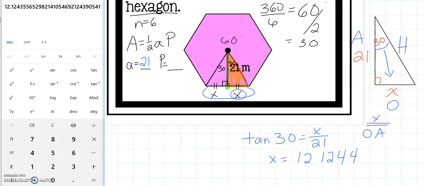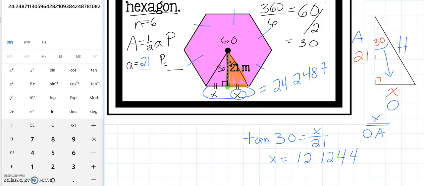I'm going to double it so I get the whole side. So in my calculator, keep it in there, do times 2, and that's your whole side. So the whole side, one side, is 24.2487.